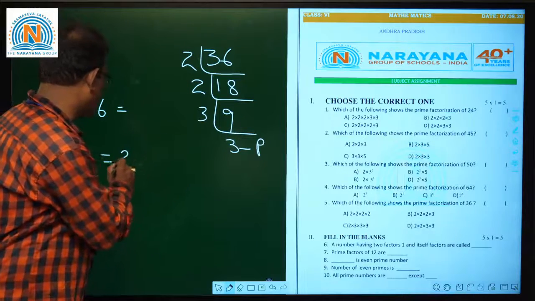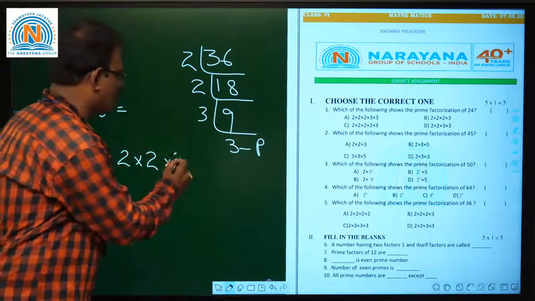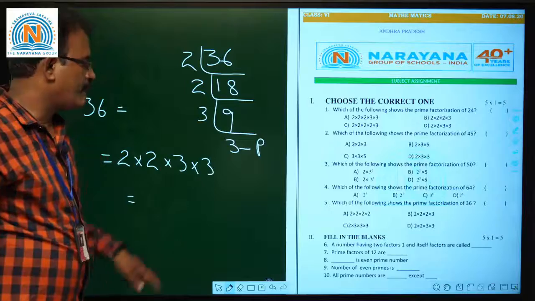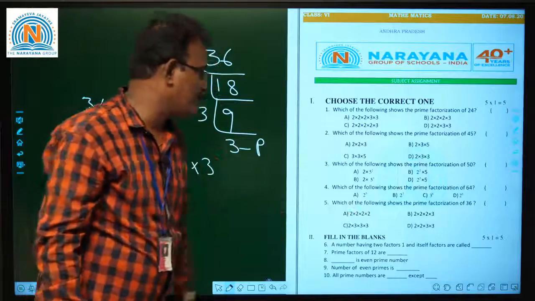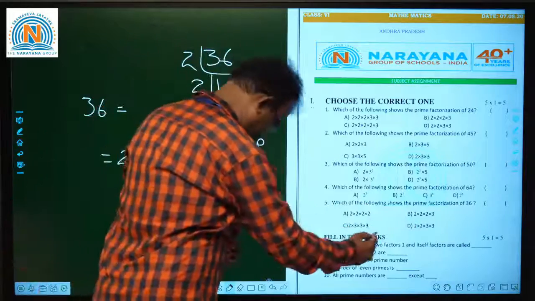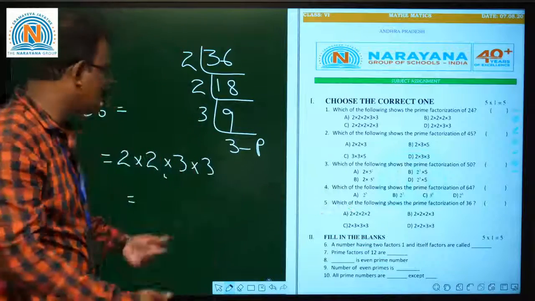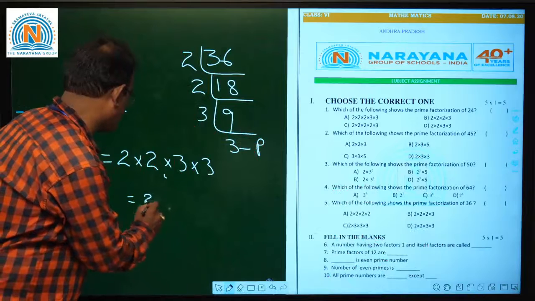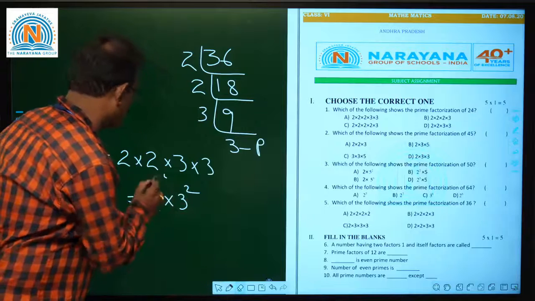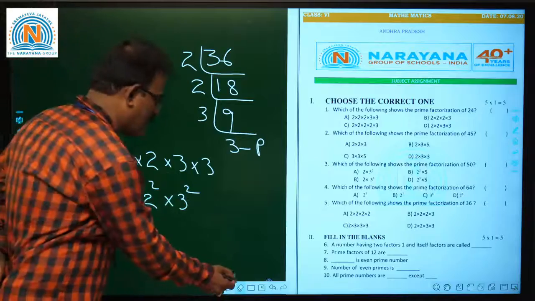So 36 can be written as 2 into 2 into 3 into 3. If you verify, it is 2 raised 2 times and 3 raised 2 times. So this is available in the fourth option. In base exponent form, it is 2 square into 3 square, of course.